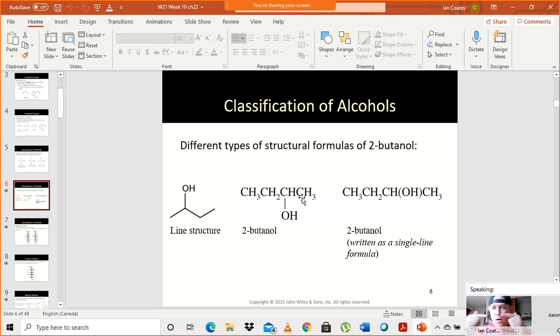Single bonds, like carbon to a hydrogen or carbon to another carbon, there is rotation. These things are rotating on their own axes, okay? And this hydroxyl group is right here, right? And this carbon here is attached to this carbon and attached to this carbon. So this carbon here has a hydrogen up here, right?